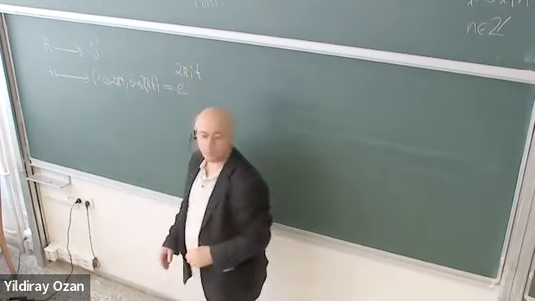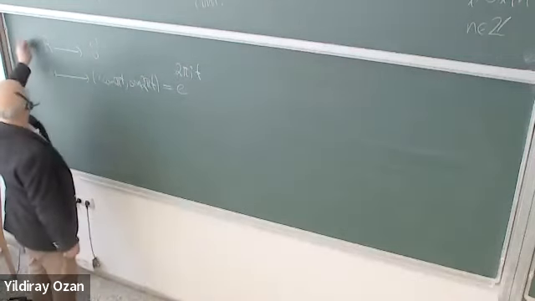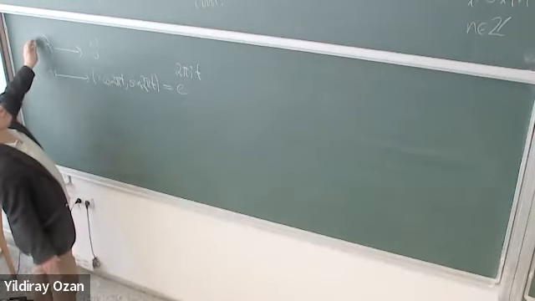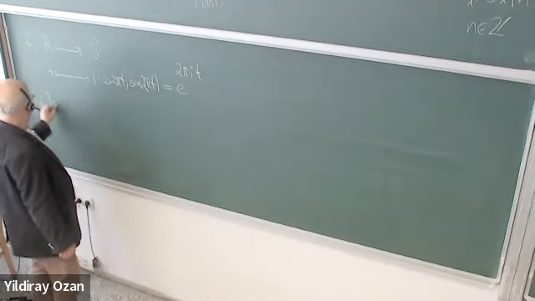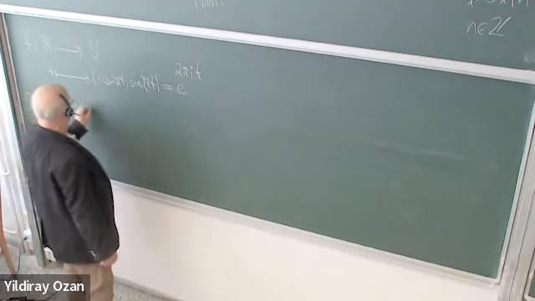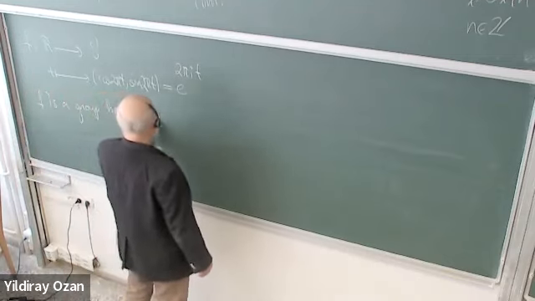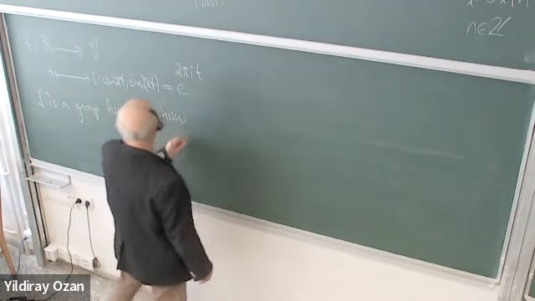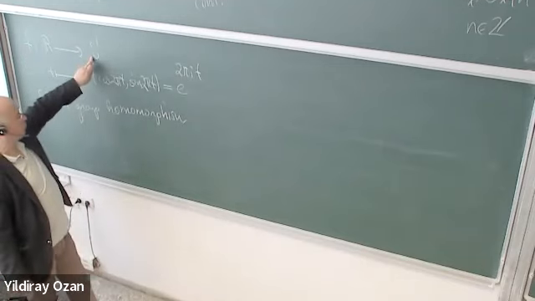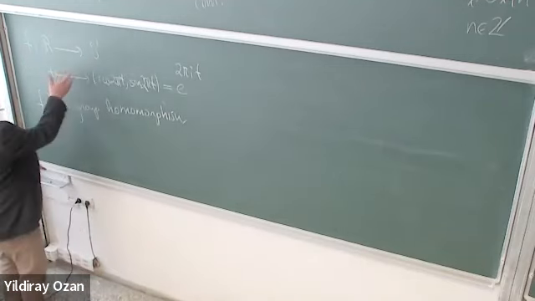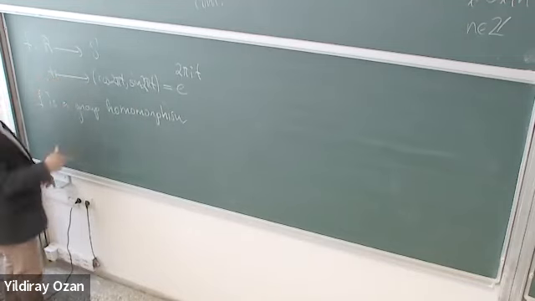So it's just the exponential map, and let me say this map is just F. So this is a group homomorphism. Here addition is the operation, here multiplication is the operation, and the exponential map sends addition operation to multiplication, right?